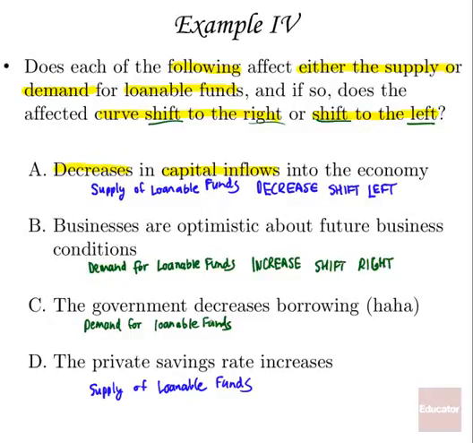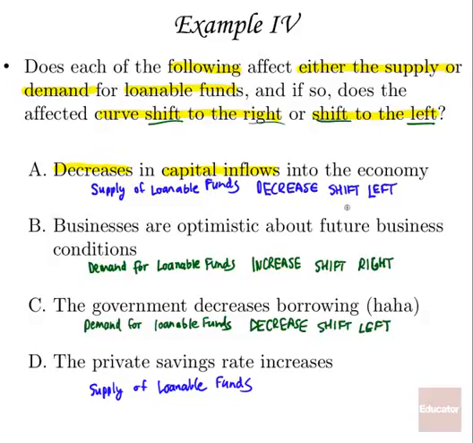Government decreases borrowing, so it's the opposite of the crowding out effect. Instead of a demand increase, there's going to be a demand decrease here. So there's going to be a demand for loanable funds decrease, and that's going to shift to the left. Now I have demand decrease left, demand increase right, supply decrease left.